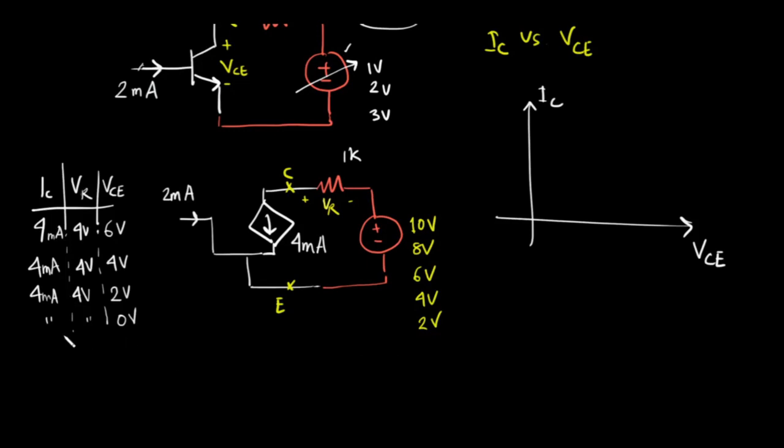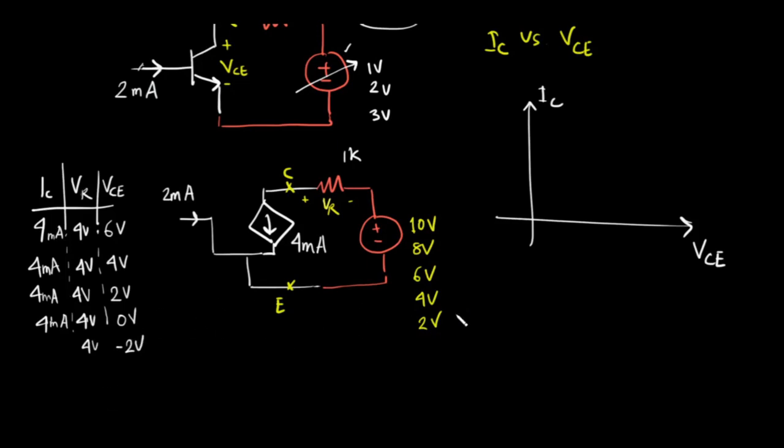If the current still remains constant at 4 milliampere, then VR will also be 4 volt, right? And if VR is 4 volt, then VCE has to be minus 2 volt, right?